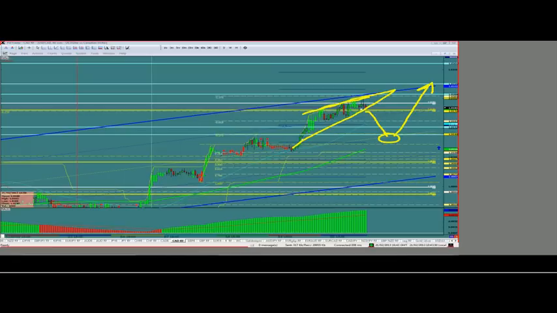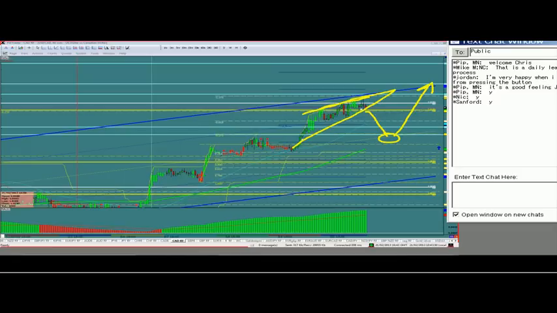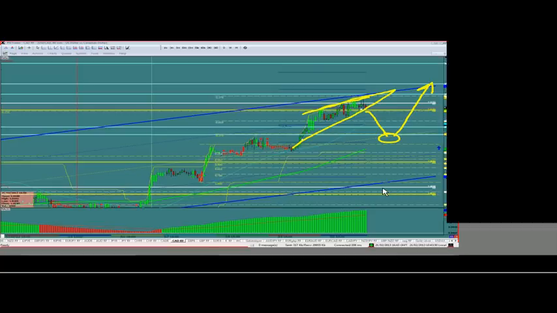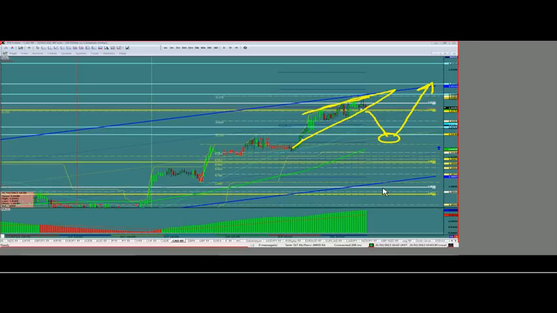Alright, don't trade it unless you get the retracement, the pullback. You got to get the pullback. Once you get the pullback, you look for the trade back up to the upside. Don't forget, all these targets are no longer here.